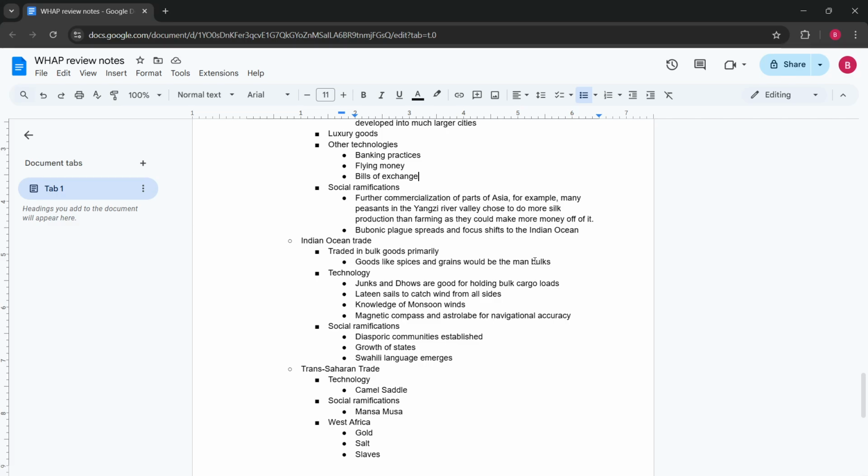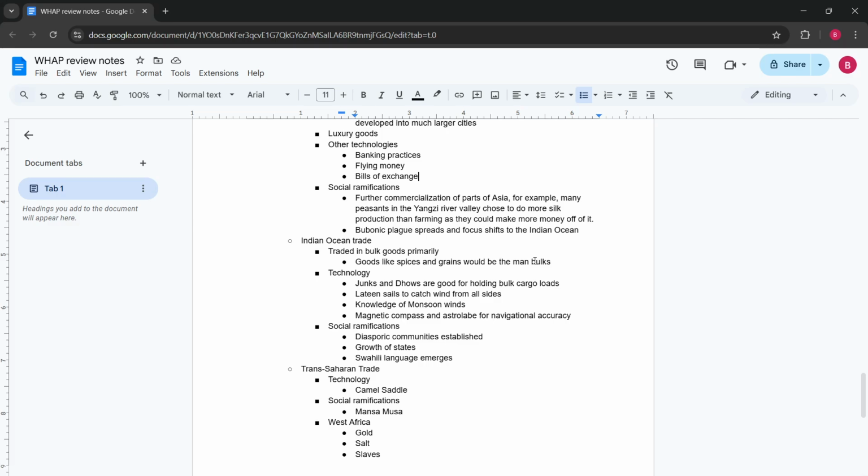They were very big, and they were very good at carrying all of that and still going fast. Lateen sails were used to catch winds from all sides, so that you weren't completely reliant on wind blowing toward your destination, which means they didn't need people rowing all the time.